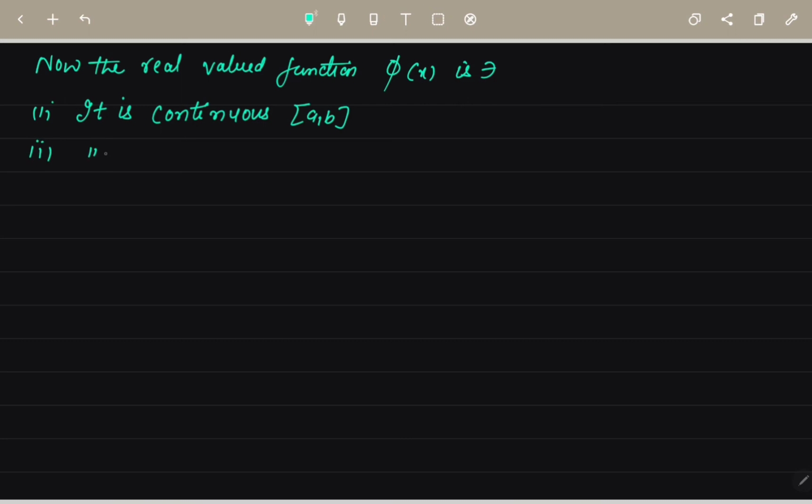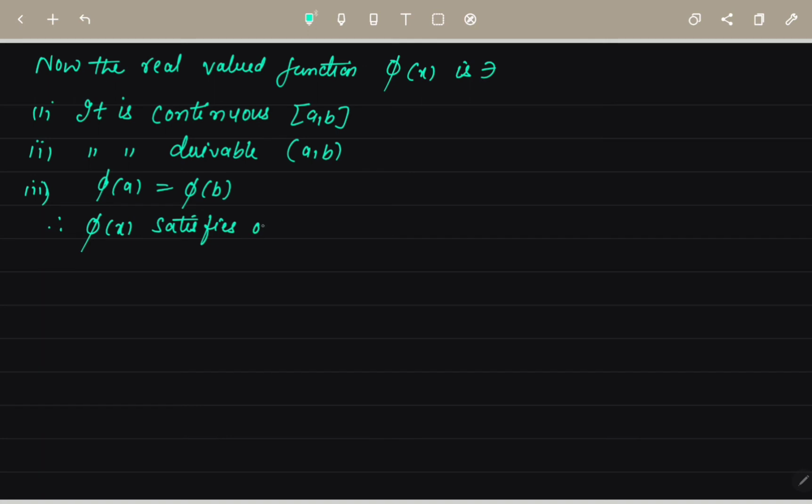Second condition, it is derivable in the open interval a b. And third condition is that phi at a is equal to phi at b. So therefore this phi x satisfies all the conditions of Rolle's theorem.